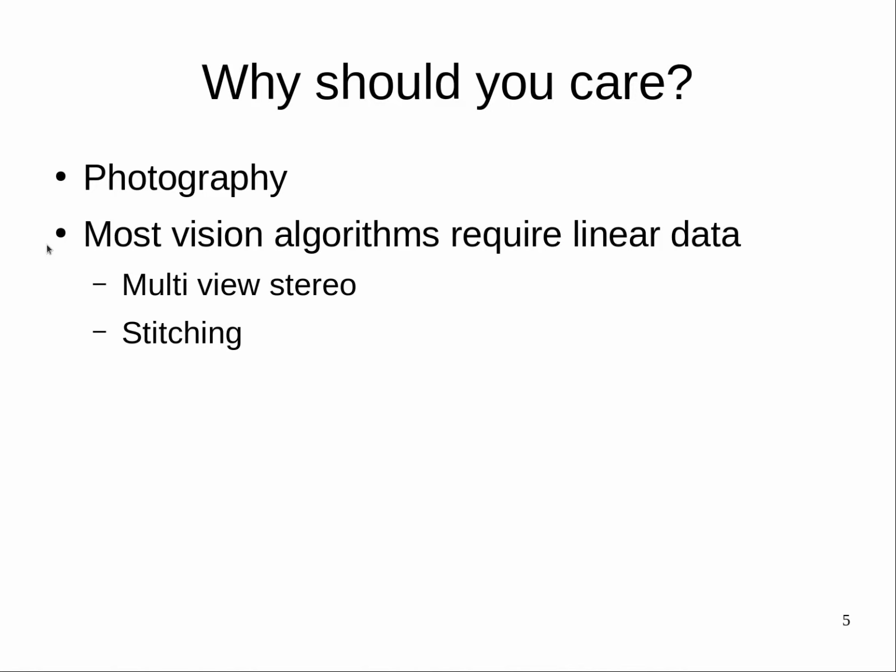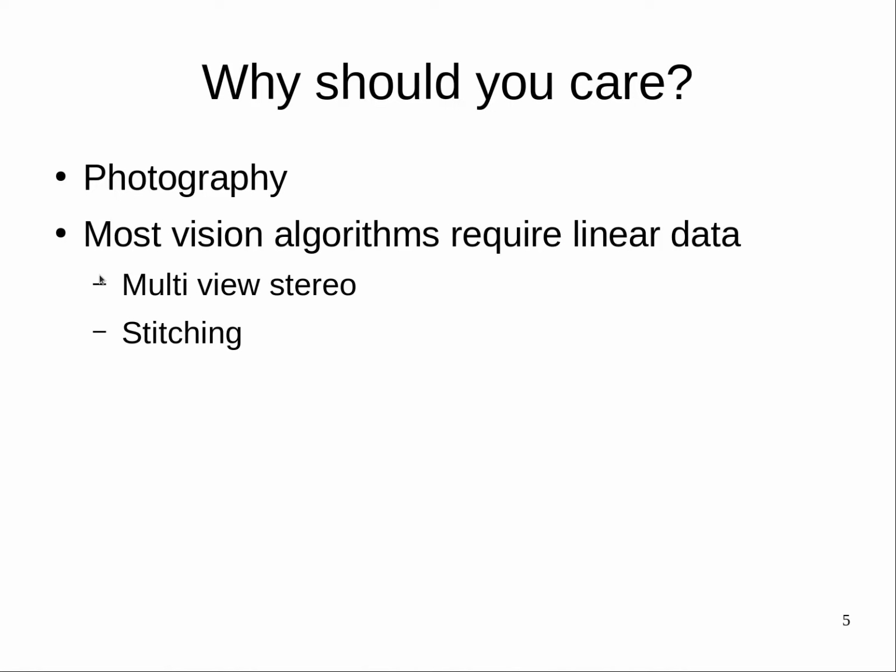Then most vision algorithms require linear data, and the lens distortion is inherently nonlinear, and this prevents many things to be computed. Some examples of algorithms that require linear data are multi-view stereo, where you have several photos of the same object and then you want to reconstruct the geometry.